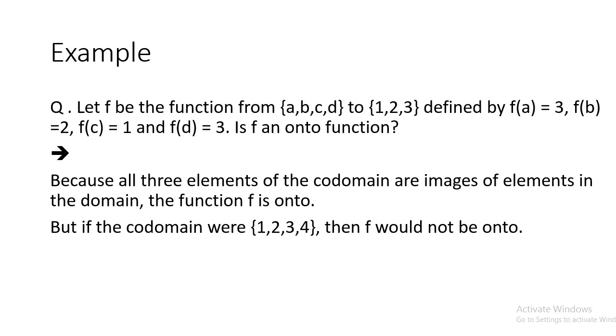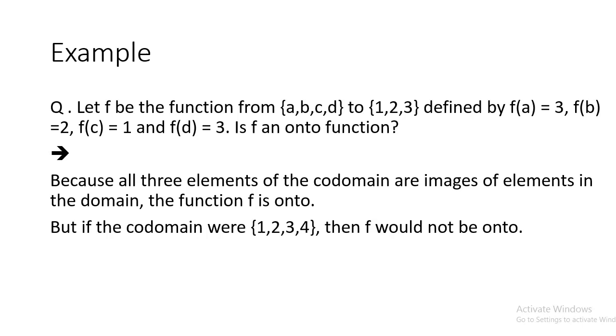So there is a function given from {a, b, c, d} to {1, 2, 3}, and we have to find out whether this function f is onto or not. Because all three elements of the codomain are images of elements in the domain, the function f is an onto function.